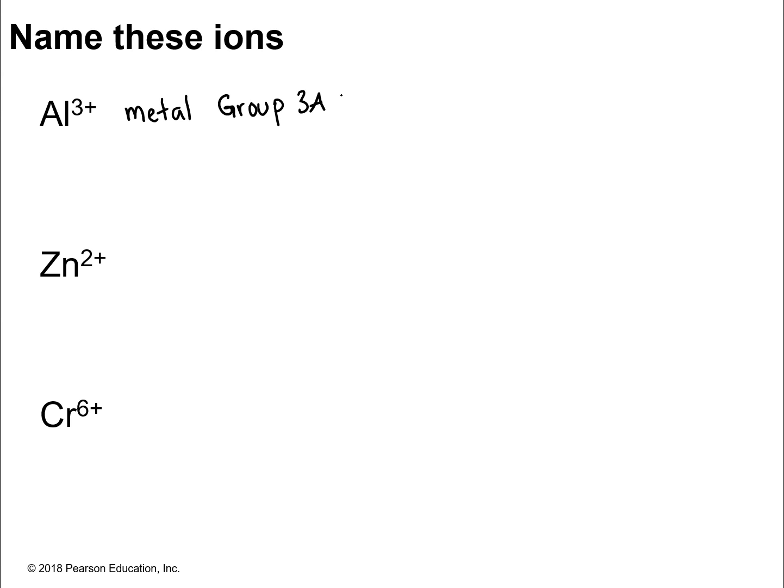Aluminum is in group 3A. That means it's not a transition metal. So I can figure out its charge and double check. Okay, it's in group 3A. It's 3+. Great. For naming this ion, all I have to do is write the name of the parent atom, which is aluminum, followed by the word ion.